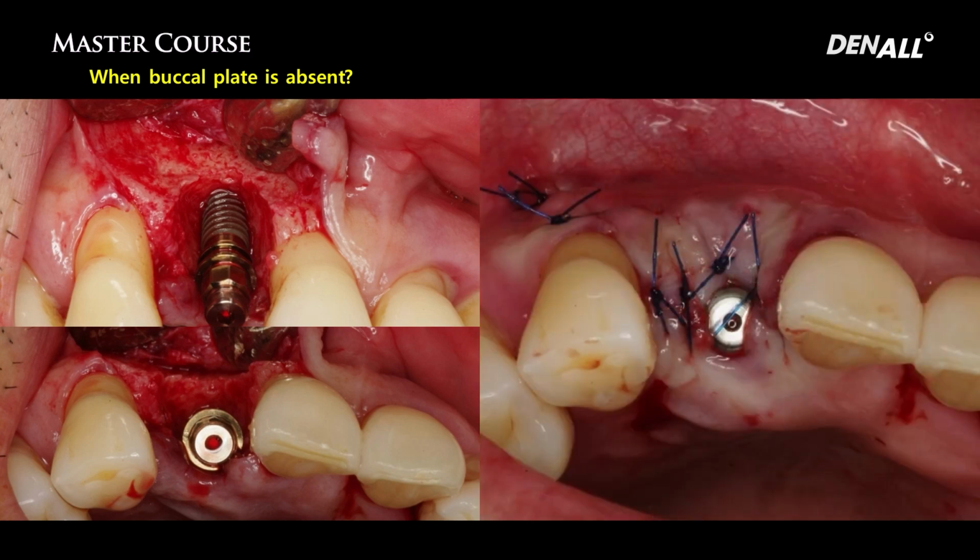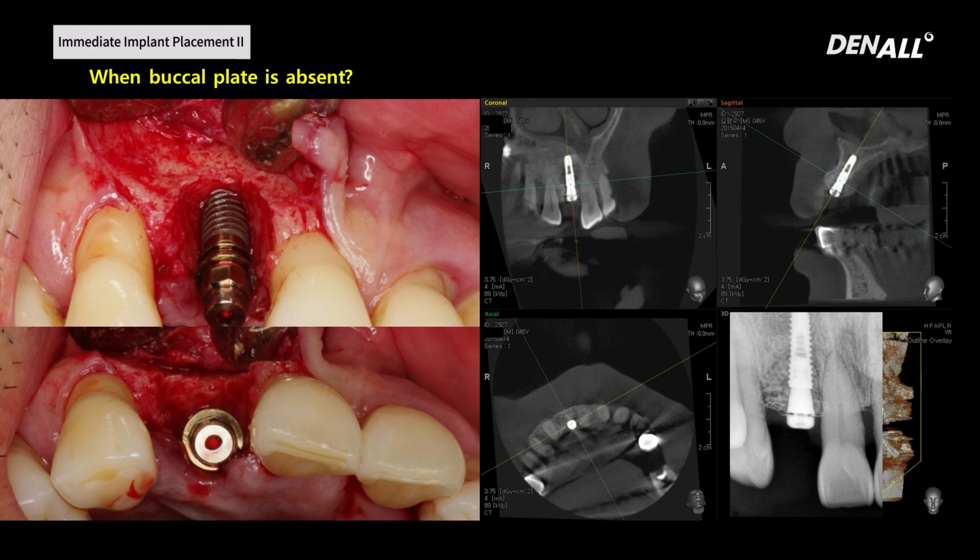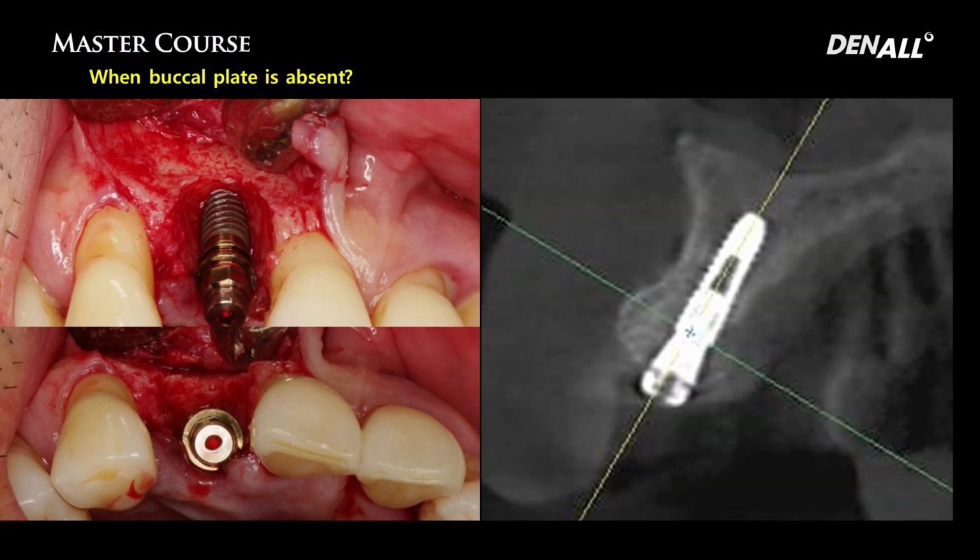As shown, you can use titanium reinforced membrane like Smart Osbuilder. These can show very good results. Osbuilder was used for this patient, and you can see that the labial plate has been overcorrected and has a very ideal contour.